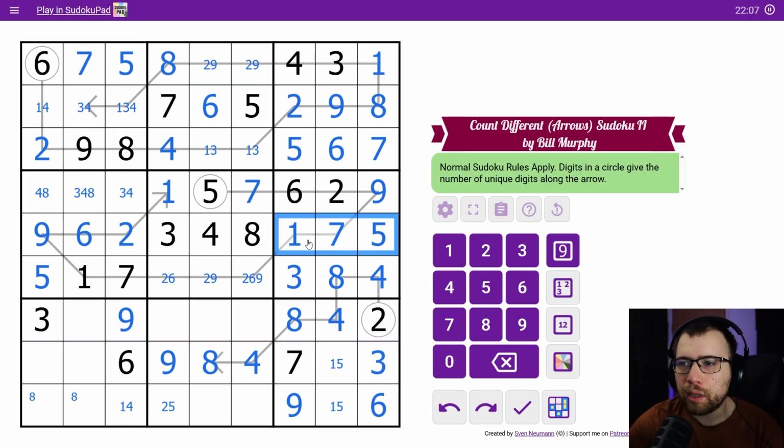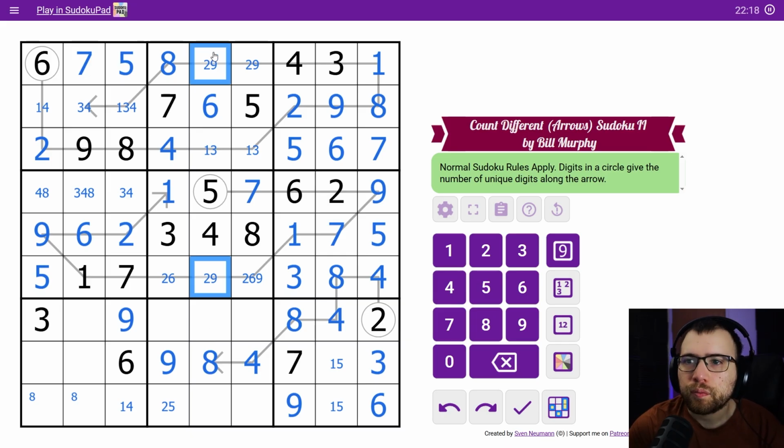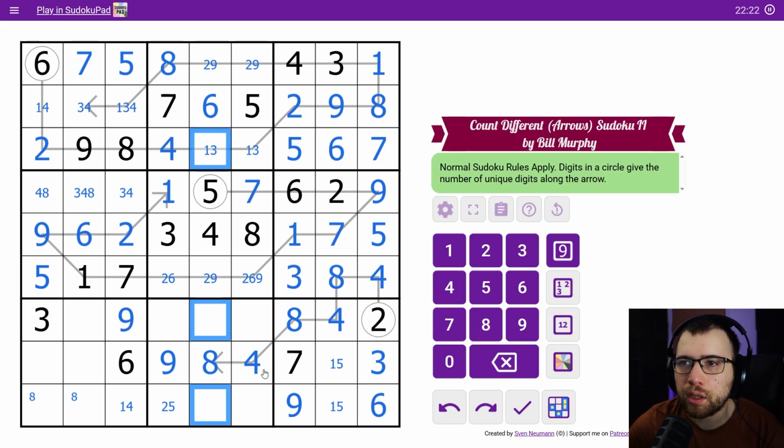I mean, like, I can't finish up these arrows, can I? Like, we know the digits on them. I mean, okay, maybe I do got to focus on this row because we have the 2, 9 pair here. So we have 1, 3, and then one other digit that's got to go in these. So... Is it a 7?